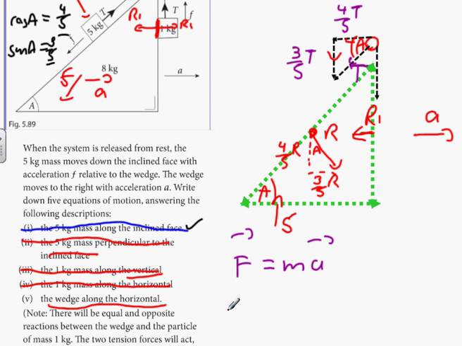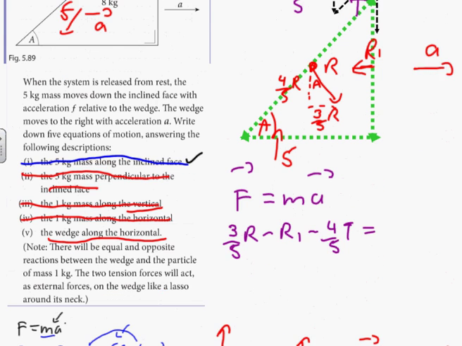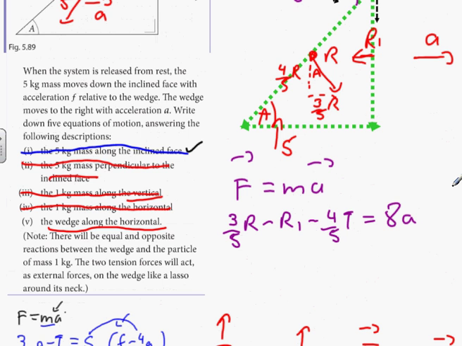So what's driving to the right? 3 over 5 R minus R1 minus 4 over 5T equals, anybody? Equals, what's the weight of the wedge? 8. 8A.